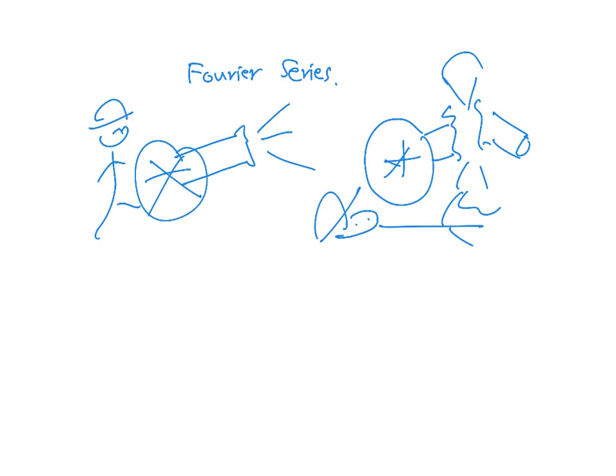So he was trying to find out how to model the temperature distribution of the cannon as a function of time. So actually it was temperature. After certain temperature, the part of the region becomes different. So he considered that the problem is something like a periodic function of time.